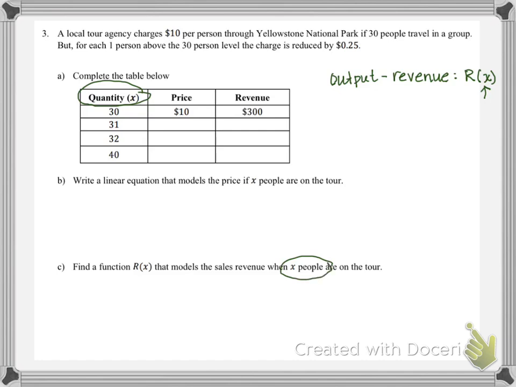So there's a couple places you can find that, but whatever's inside the parentheses right here is the variable, and then you just look to see if they told you what that variable represents. So my input is going to be quantity, and we're calling that X.